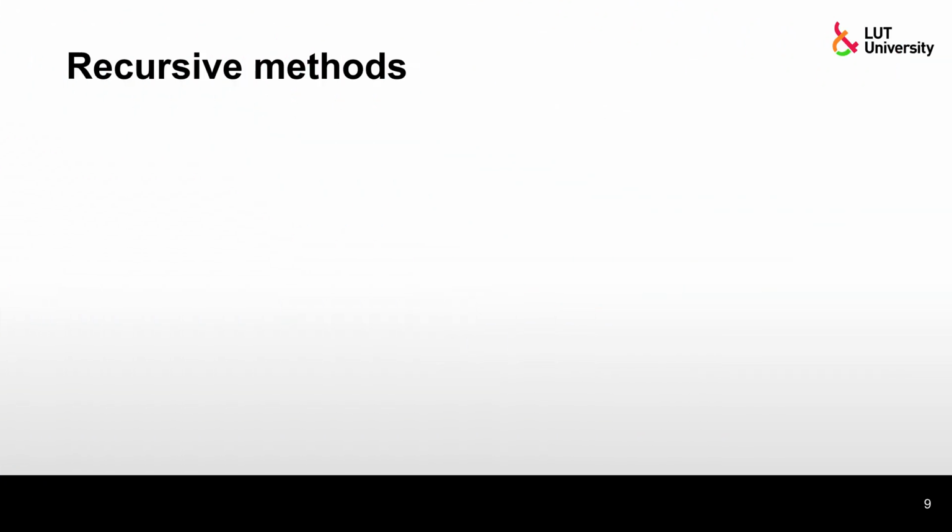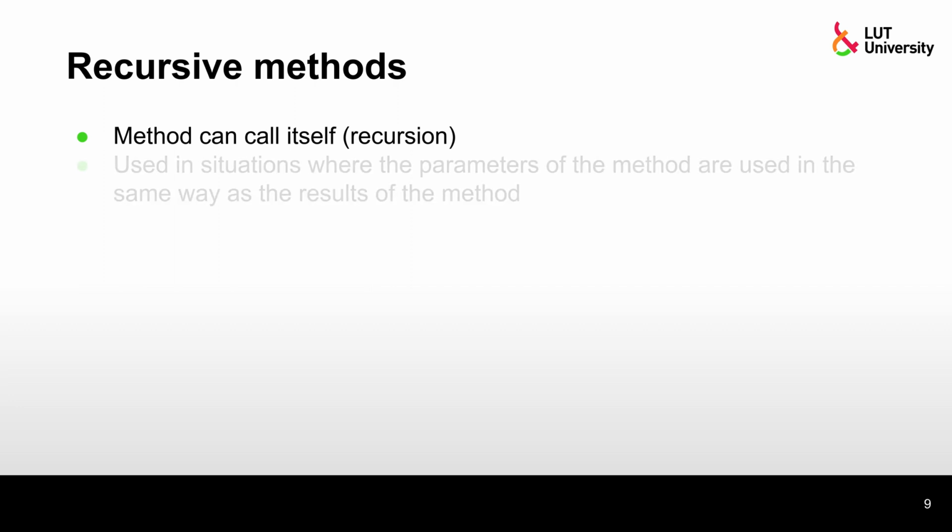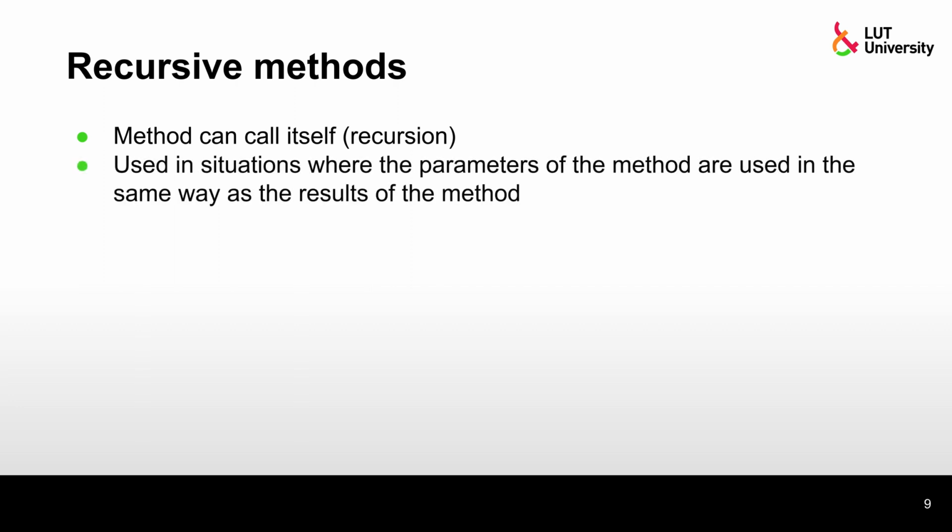And then we have, of course, recursive methods. So a method can call itself. That is called recursion. It's not a topic of object-oriented programming, but of course you can have recursive methods in Java too. It's used where the parameters of the method are used in the same way as the result of the method, like counting Fibonacci numbers or algorithmic design.